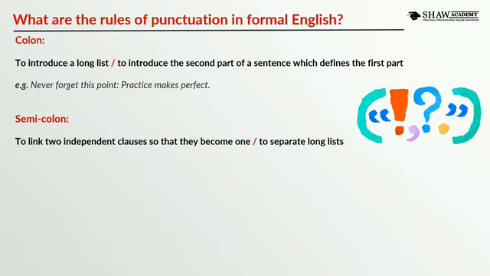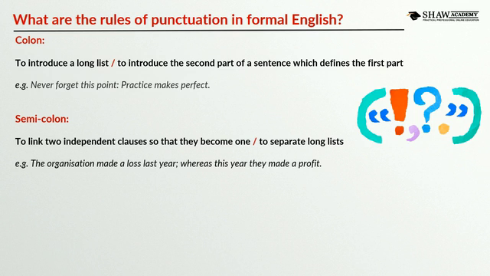So, let's look at the first one. To link two independent clauses so that they become one. So look at this example. The organization made a loss last year, whereas this year they made a profit. So it's two independent clauses, and we are linking them using a semicolon.